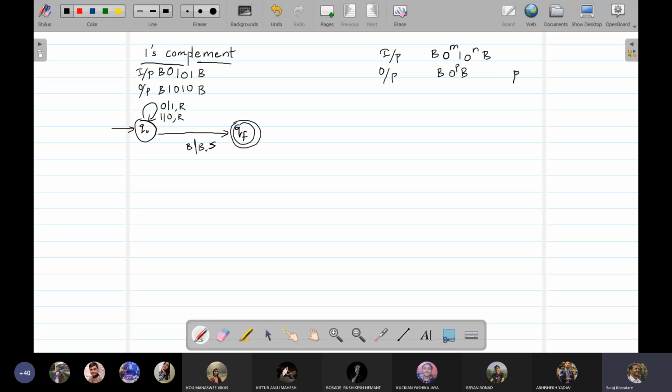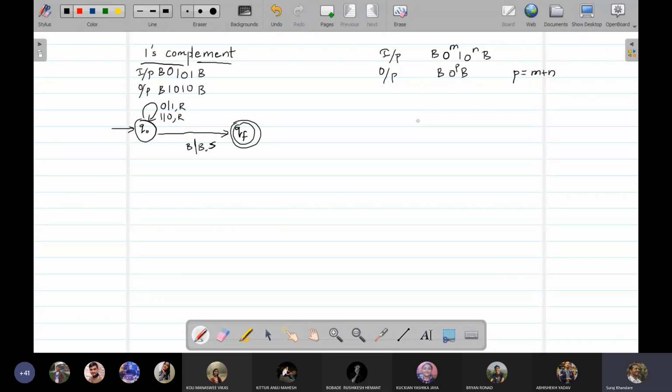And your p is nothing but m plus n. So the number of zeros in the output is a combination of zeros above, and this 1 we are supposed to ignore.